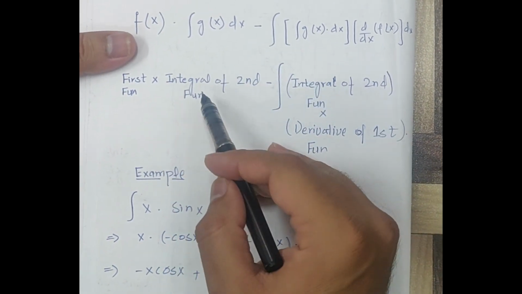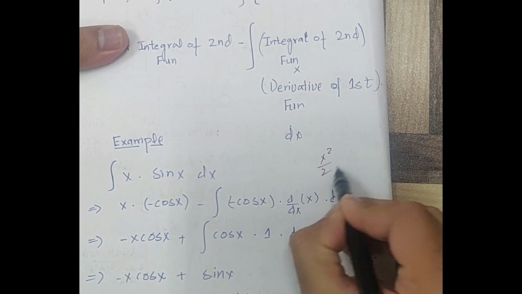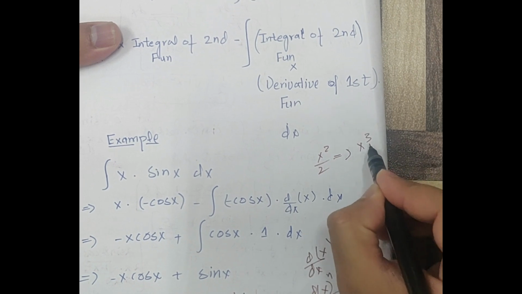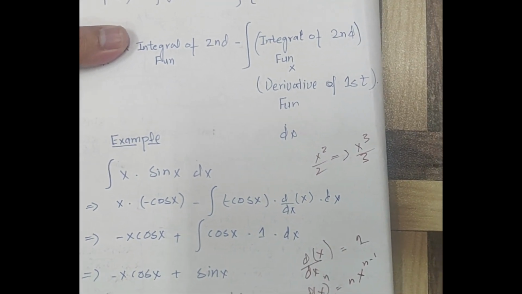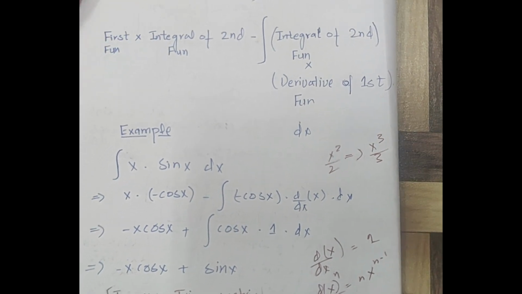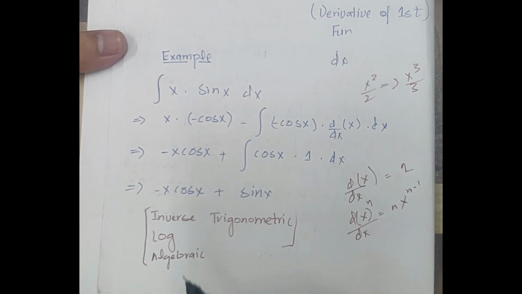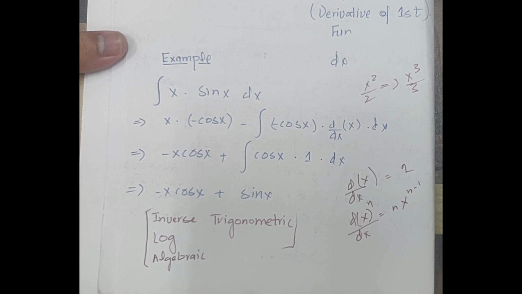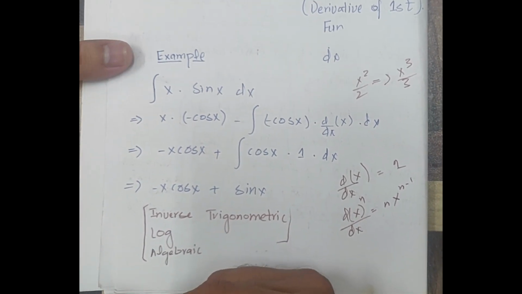In the first iteration, it would have become x squared by 2. In the second iteration, x cubed by 3, and it would have expanded. Instead of converging to one solution, it would have expanded to a very large solution. So we don't want such situations. We will try to eliminate as many terms as possible when we are using the integration by parts technique.